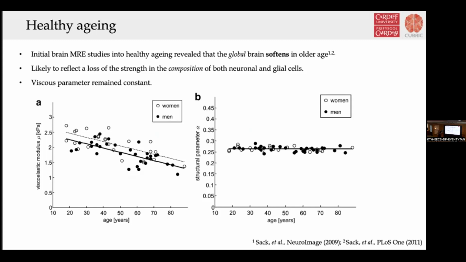But instead, the viscous parameter was actually fairly constant, and that suggests preservation of the organisation of the neuronal connection. But like I said, just looking at the brain as a whole, this is when the resolution wasn't quite as good. So we're missing these important localized effects, and particularly specific anatomical structures undergo different rates.